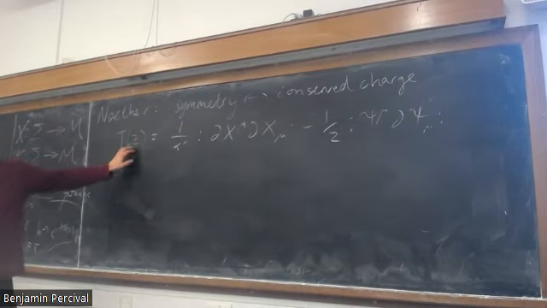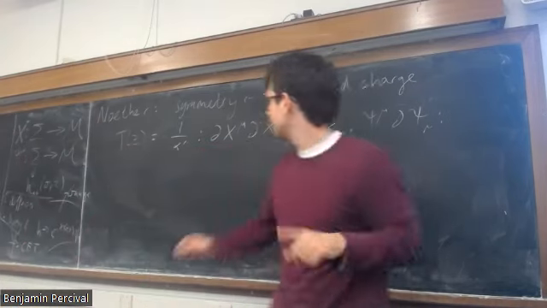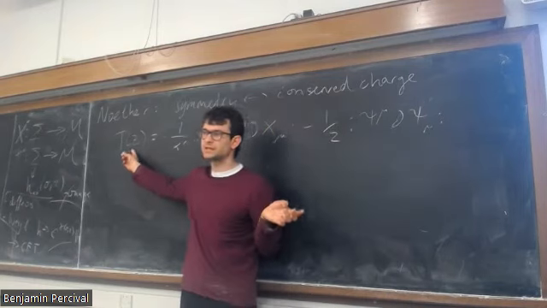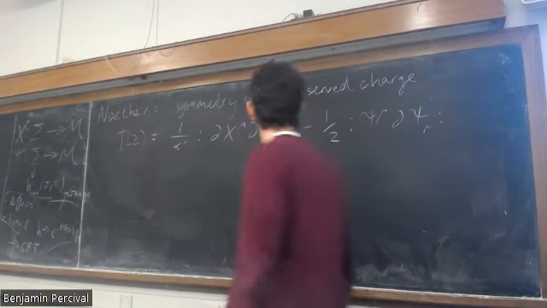So I'm just looking at the Z part, so there'll be a similar Z bar bit. If you have functions of Z, I'm going to refer to them as holomorphic functions, and functions of Z bar as anti-holomorphic.